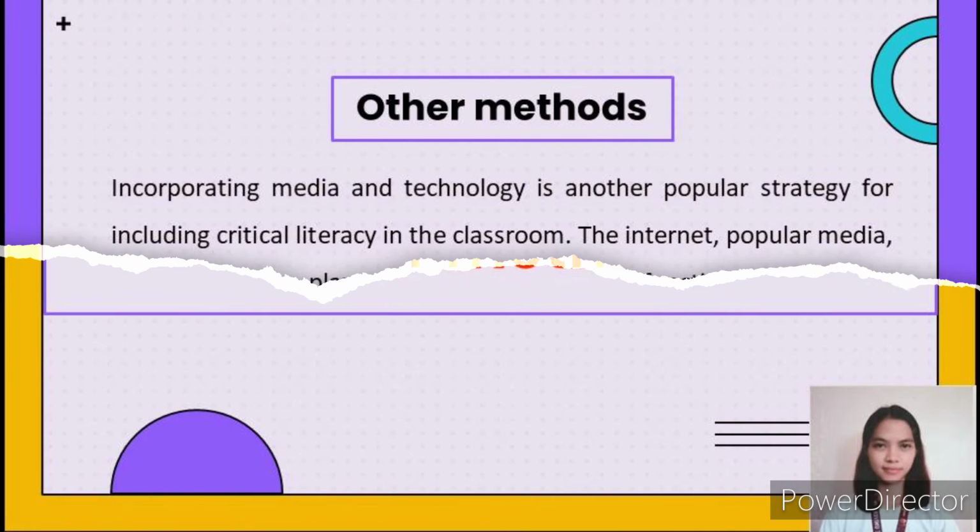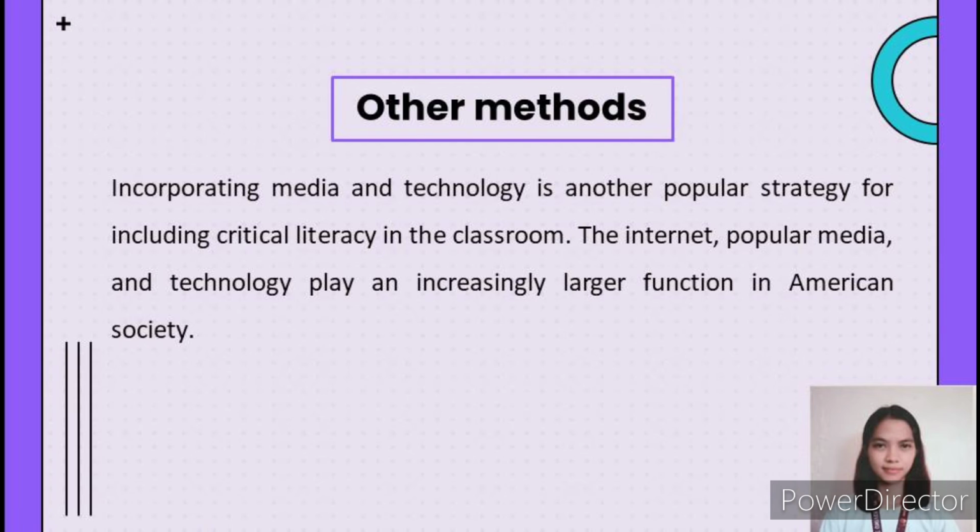Other methods. Incorporating media and technology is another popular strategy for including critical literacy in the classroom. The internet, popular media, and technology play an increasingly larger function in American society.